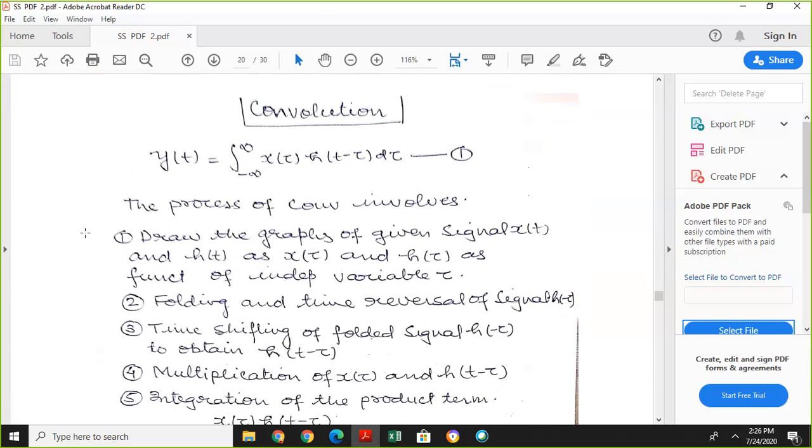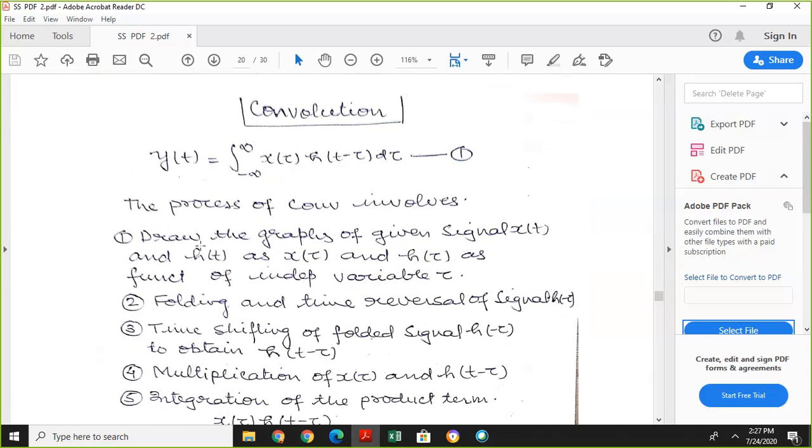Convolution. How can we calculate the convolution of two signals? y of t is given by integration minus infinity to plus infinity x of tau h of t minus tau d tau.